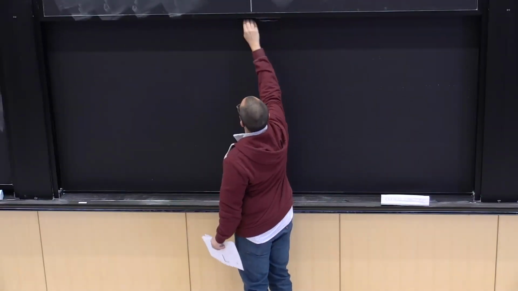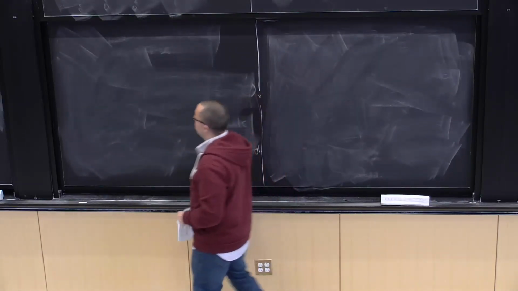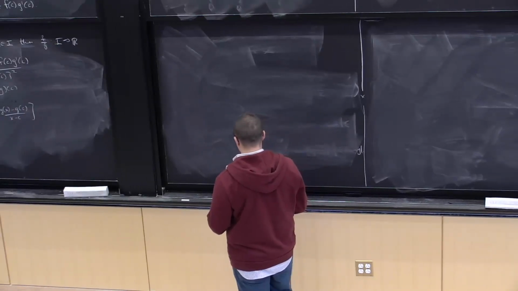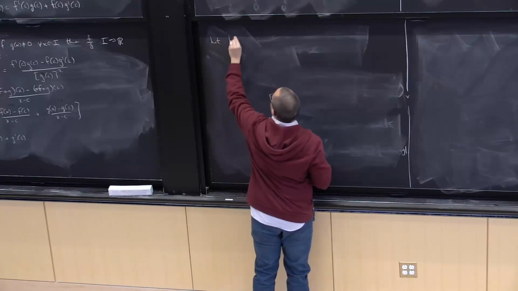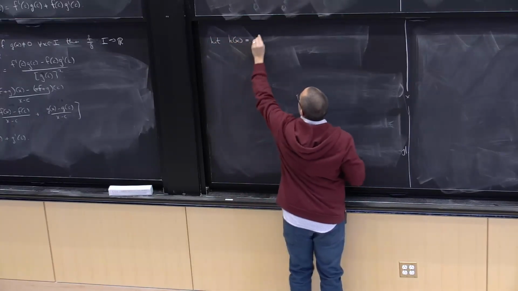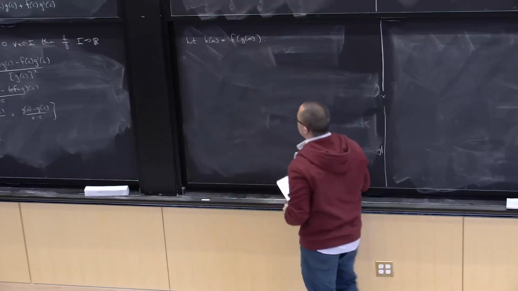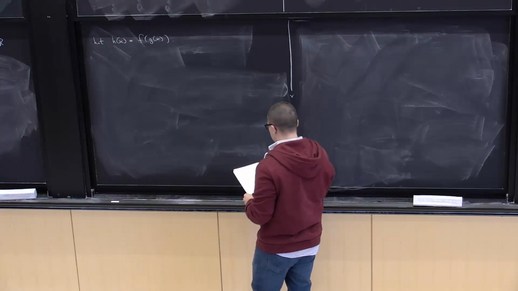So to implement this strategy, let's introduce some notation and a few auxiliary functions. So first off, the function we're interested in, taking the derivative of f of g, let me call that h of x, because I don't want to keep writing f of g of x.